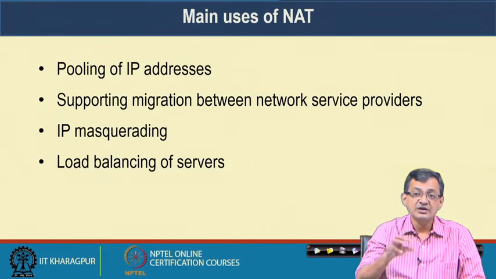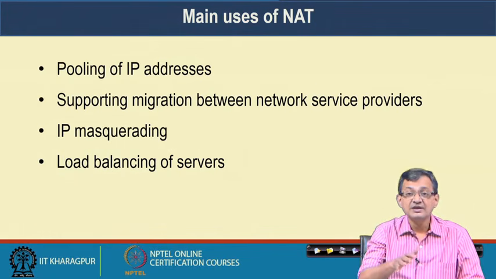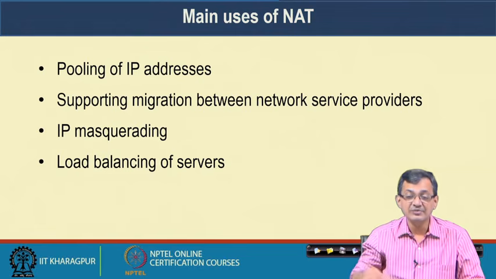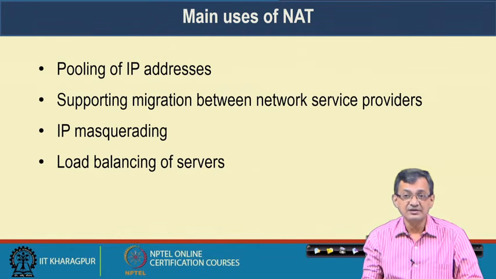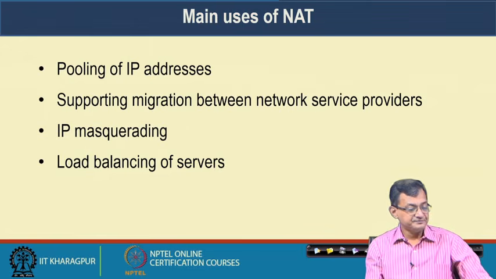So, when IIT Kharagpur changes its IP provider today, it does not have to change the internal IP block. It is a private IP and still there. IP masquerading is another use. Load balancing of servers is definitely a need of the hour.